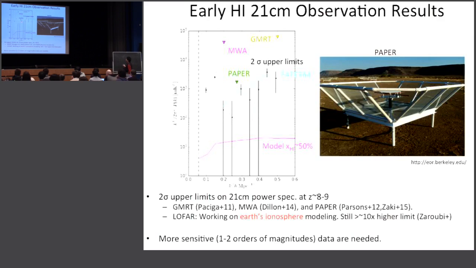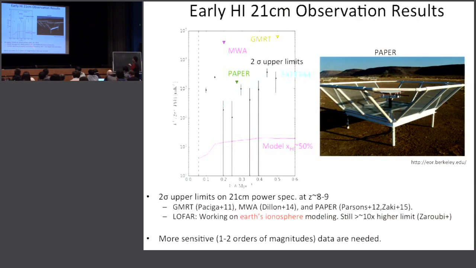You can compare this with the expected 21 centimeter power spectrum for a 50% neutral hydrogen fraction. As you can see, the present upper limits are about 1 to 2 orders of magnitude higher than the expected signal. So we need to do a lot to try to identify the real signal.